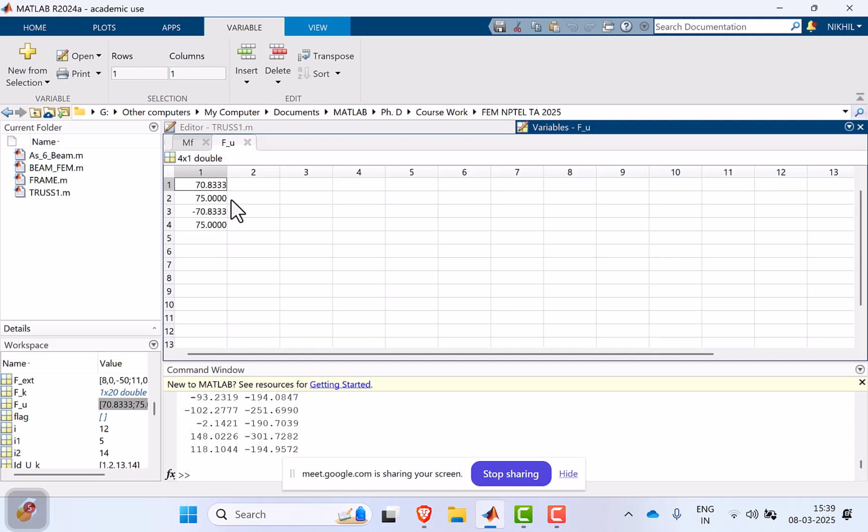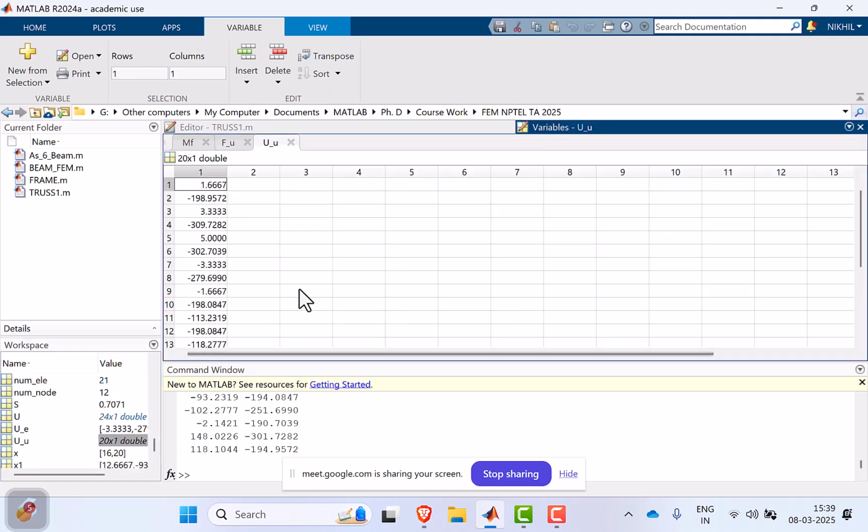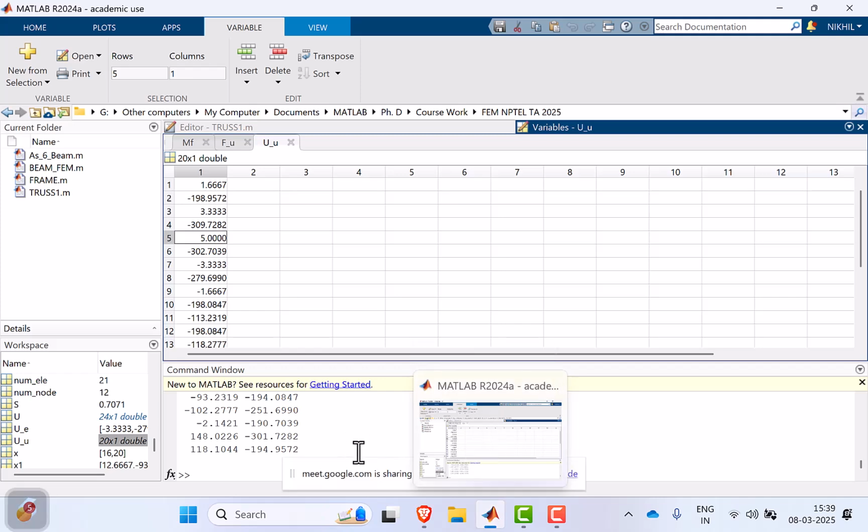In the seventh question, it is asked for the downward vertical deflection of joint D. For that, you look at the U unknowns, where you get the fifth member, which is 5. All this you can get directly from the code.